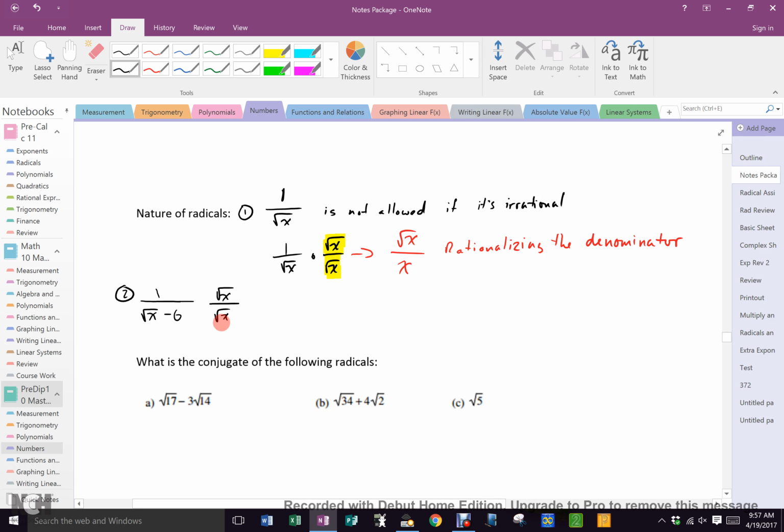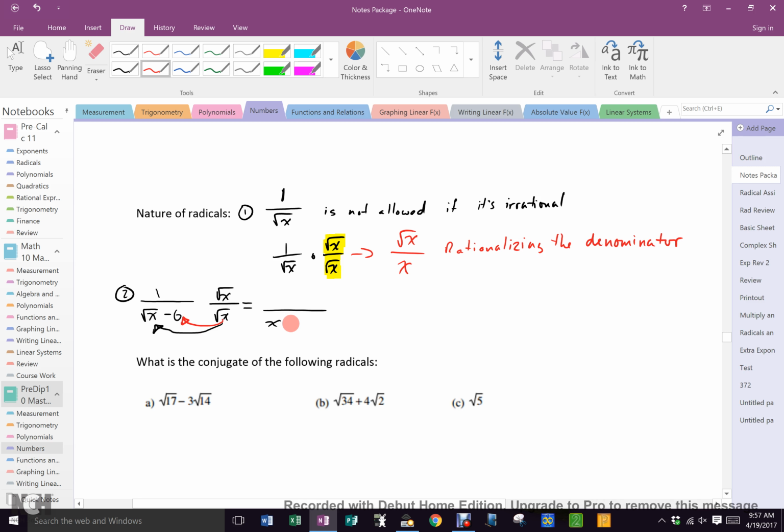So if I multiply that, what's going to happen when I multiply root x times root x? I'm going to get x, yes? What happens here? I'm going to keep a radical, aren't I? Right? That's no good. So I'm in trouble, yeah?